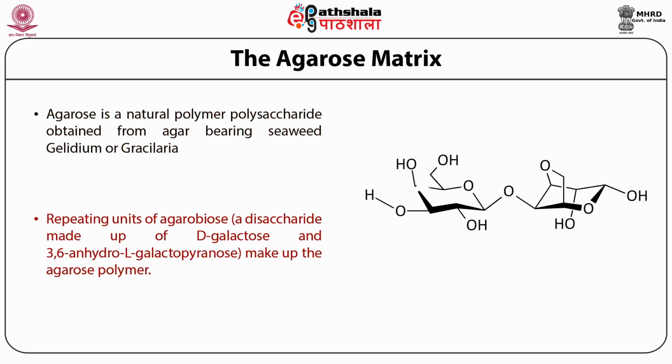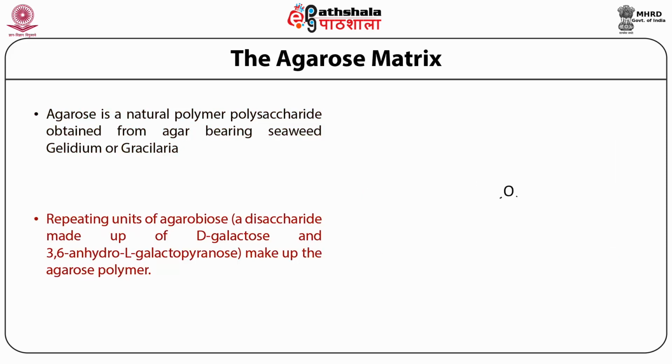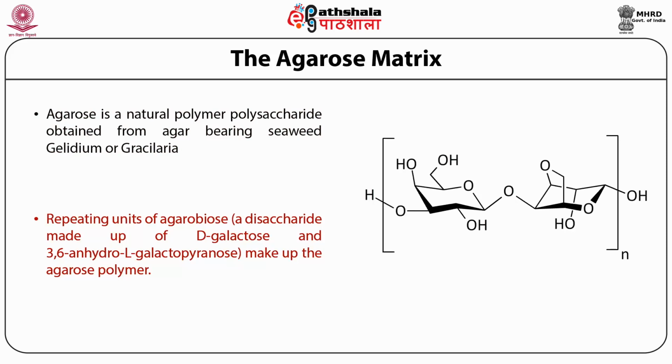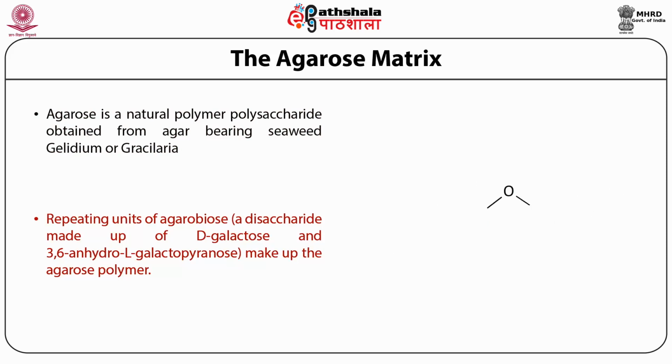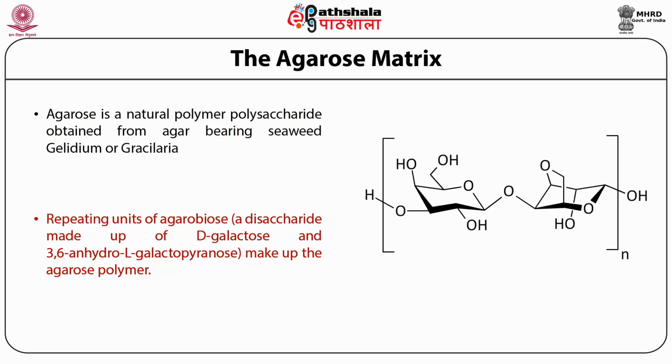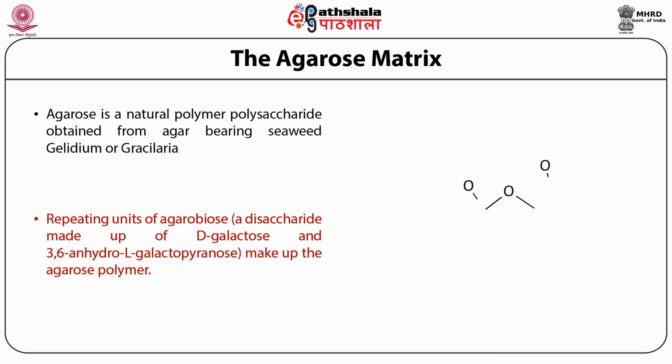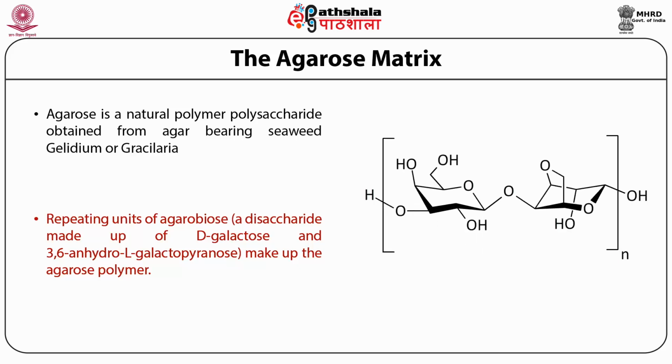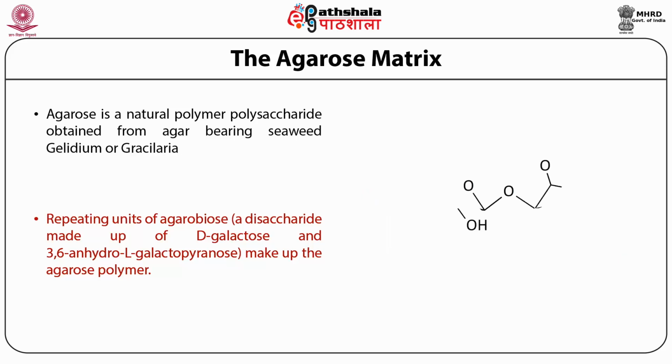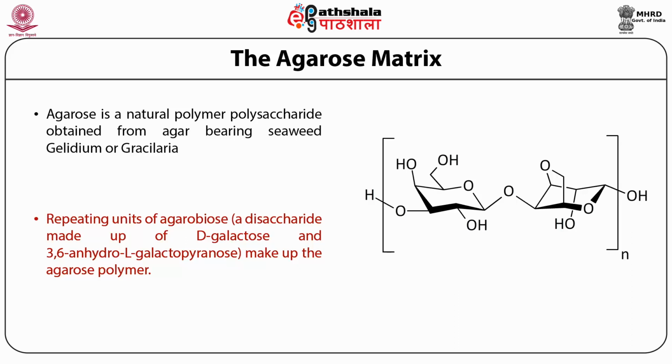The repeating unit of agarose polymer is agarobiose, which is a disaccharide made up of D-galactose and a 3,6-anhydro L-galactopyranose. The linear polymer consisting of alternating D-galactose and 3,6-anhydro L-galactopyranose is linked by alpha 1,3 and beta 1,4 glycosidic bonds and has a molecular weight of about 120,000 Dalton.